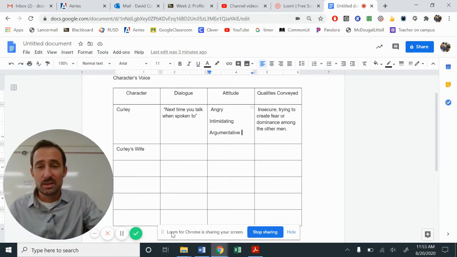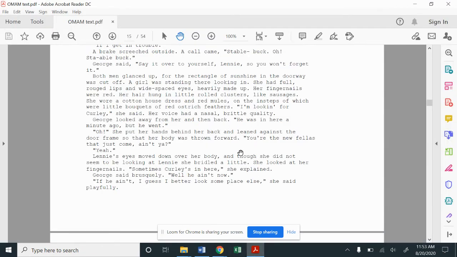You will notice that for Curly's wife, let me go back to our text. It says, "I'm looking for Curly. Her voice was a nasal, brittle quality. George looked away from her and then back. 'He was in here a minute ago, but he went.' 'Oh.' She put her hands behind her back and leaned against the doorframe so that her body was thrown forward.